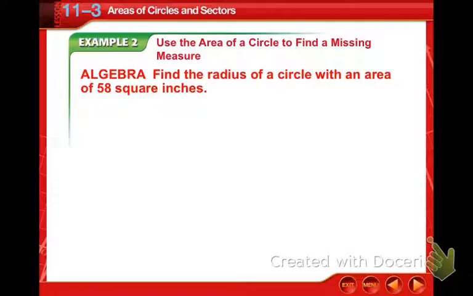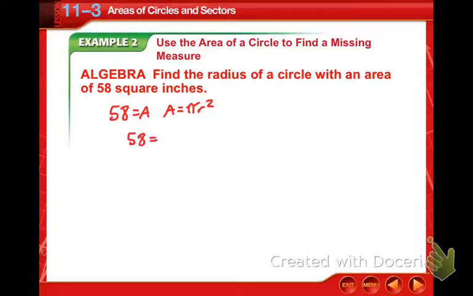Here we have to find the radius of a circle with an area of 58 square inches. So we know our area, now we need to find the radius. So we're going to work backwards. So 58 is our area. We know area is equal to pi r squared.